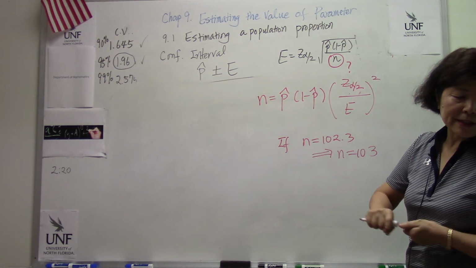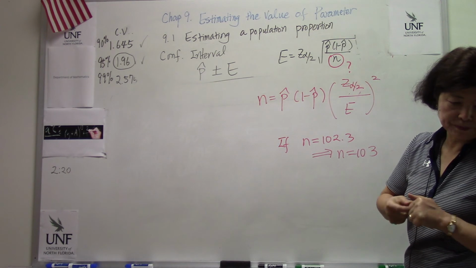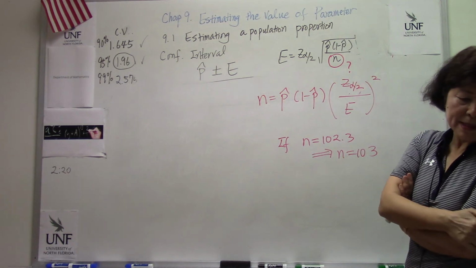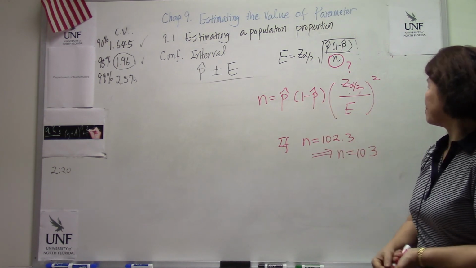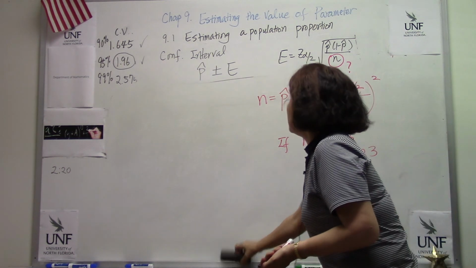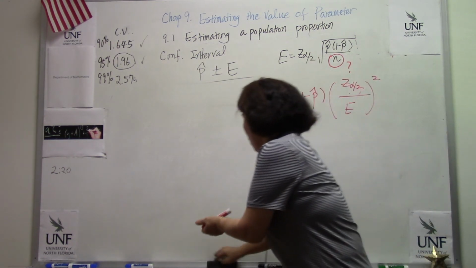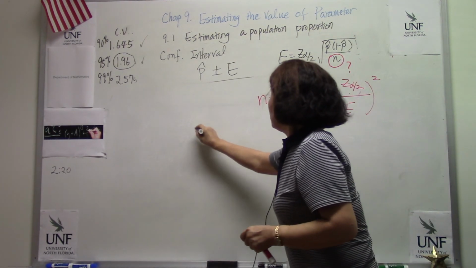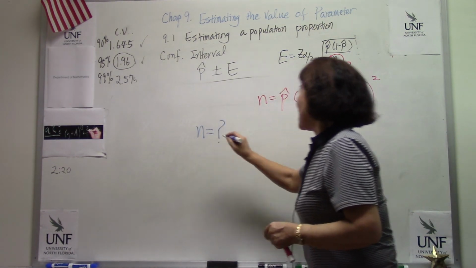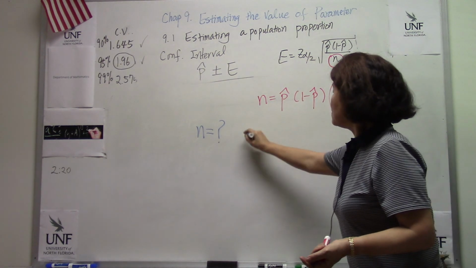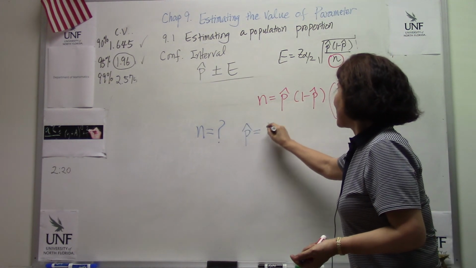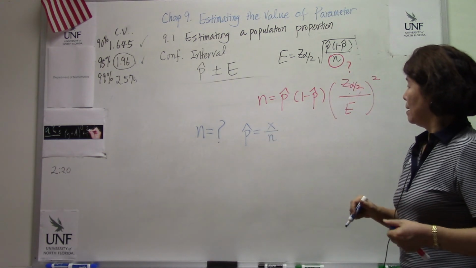And here is a technical issue. Sometimes p hat is p hat. We have a little bit of an issue over here. What are we doing? We want to compute what the sample size is. However, if you use p hat, what is p hat? p hat is X over n.